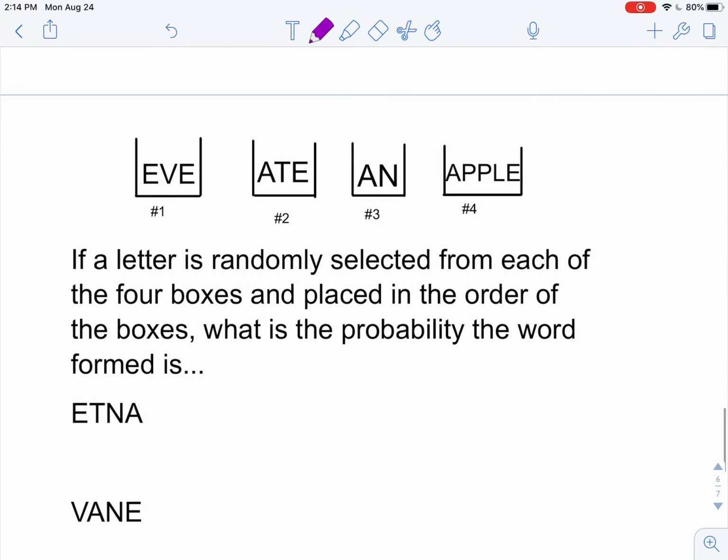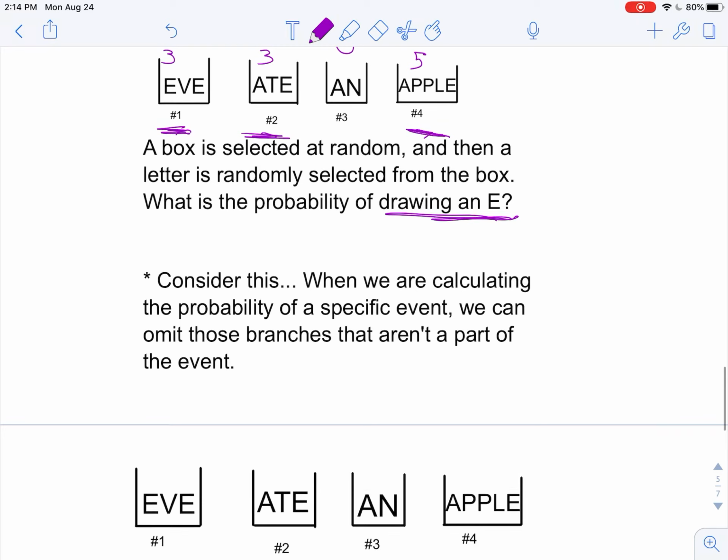So again, I have box 1, or I can draw box 2, box 3, or box 4. And again, I want to know the probability of getting an E from here, from here, from here, and from here.